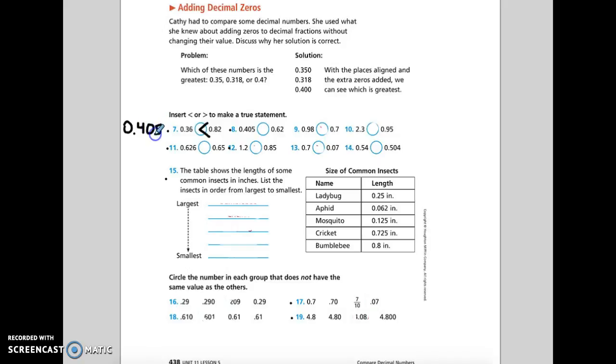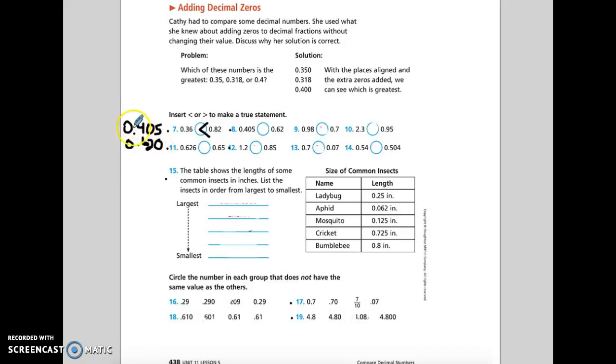And I'm going to compare it to 62/100ths. Now, again, a great strategy is to add a 0 at the end just to make it more clear, because remember, when we add a 0 to the end, it doesn't change the value. But sometimes it makes it easier to look at this and say, oh, 405 to 620, which one's bigger?